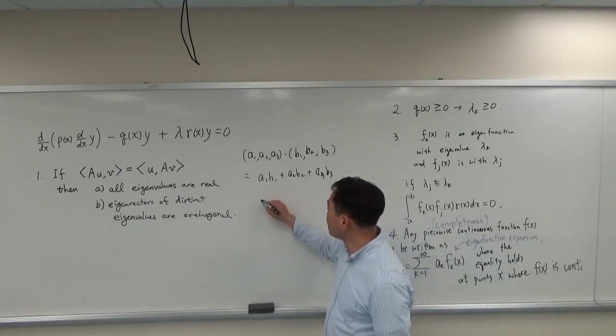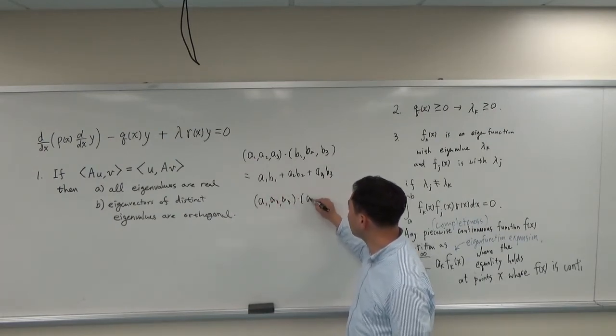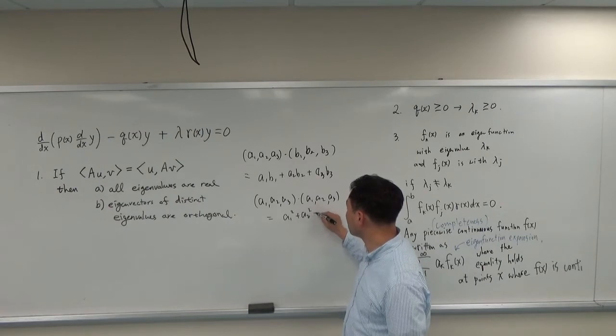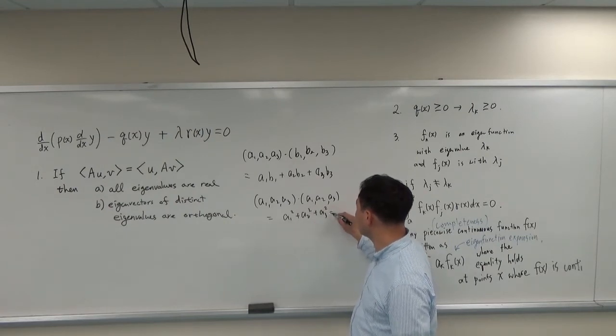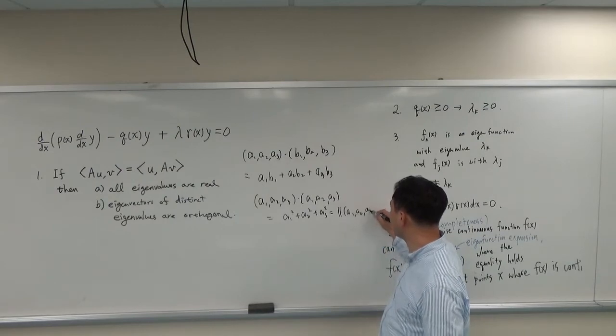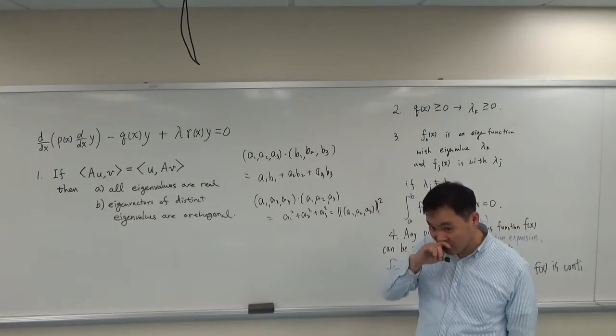So if you have A1, A2, A3 with itself, it's going to be A1 squared plus A2 squared plus A3 squared, so that it's the norm of A1, A2, A3, right? That's how you do dot product, right? It's the norm squared, right?